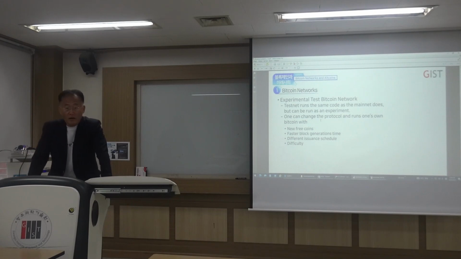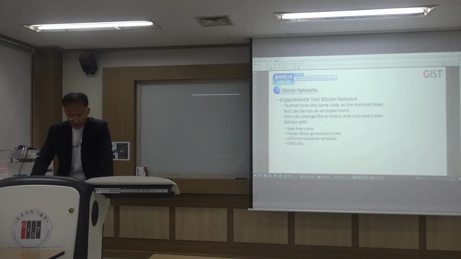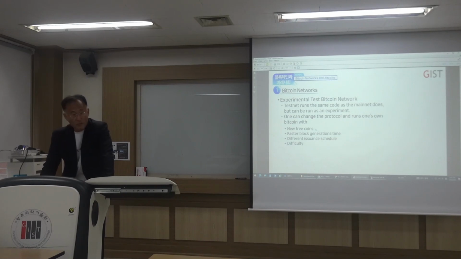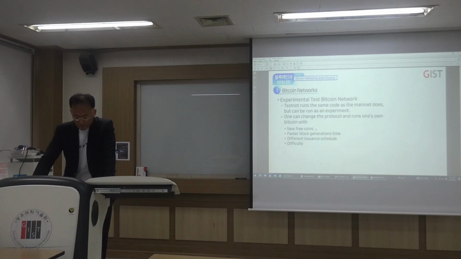And basically, one of our networks that you have done the homework on could be considered as a test network for now. And one can change the protocol and run one's own Bitcoin with it. For example, you can create your own coins, just like what we have done in the first half of this semester, and you can change the block generation time.